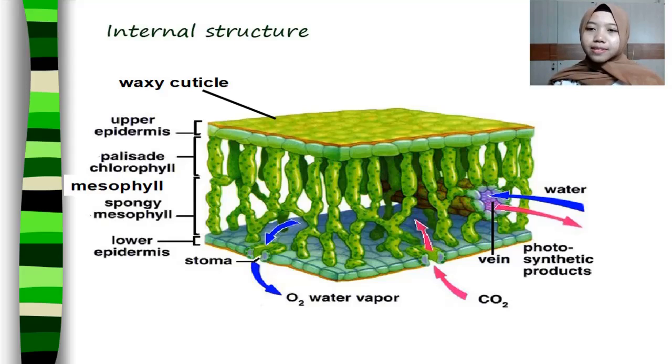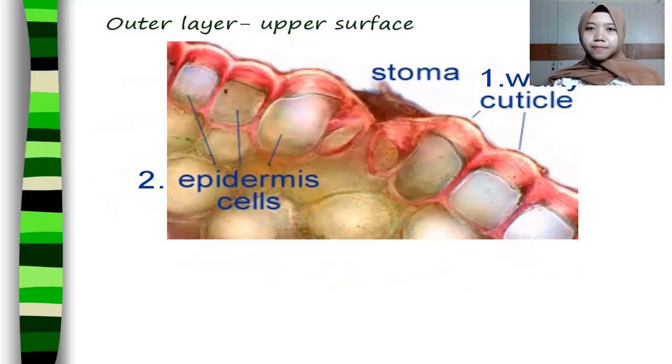Okay, photosynthesis. Yes, photosynthesis products. Outer layer, upper surface. There is epidermis cells and waxy cuticle and stoma.